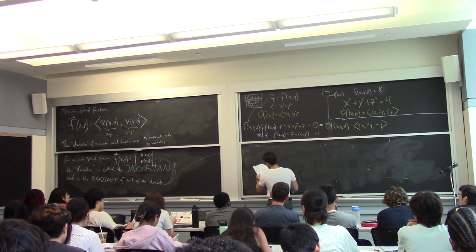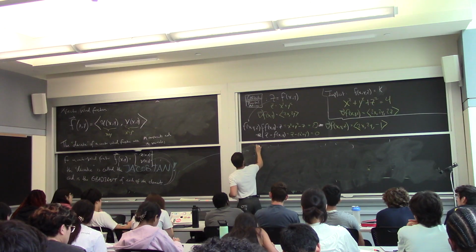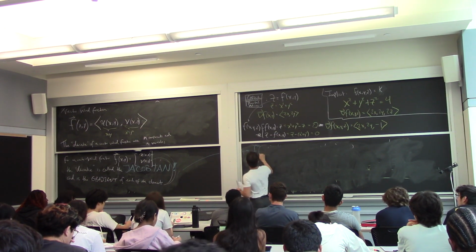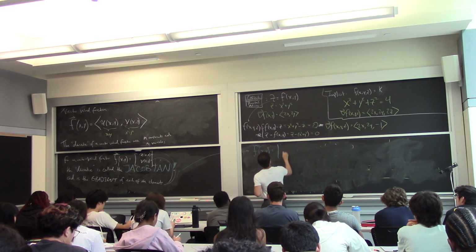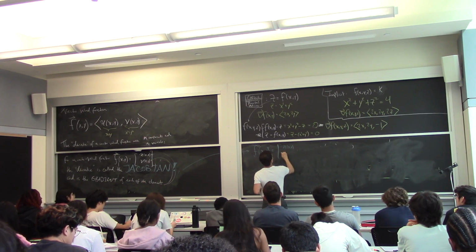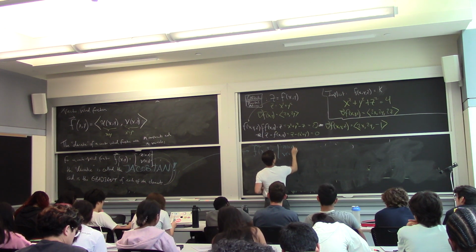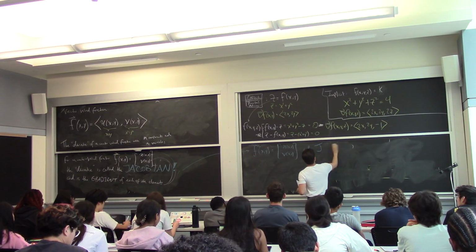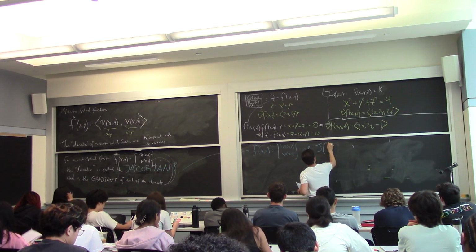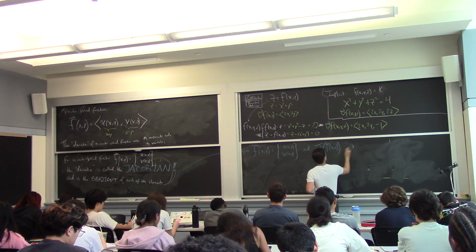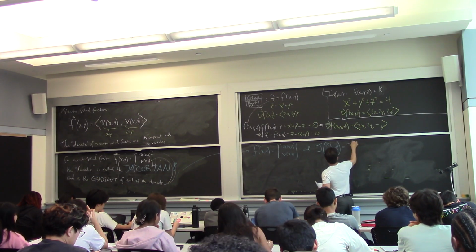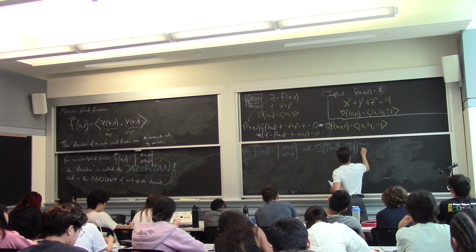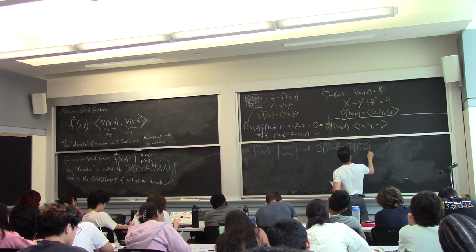Okay, so again. You guys are okay? So f of x,y is equal to u of x,y, v of x,y, and J, the Jacobian, the derivative of f of x,y, is the Jacobian of, again, u of x,y, v of x,y.